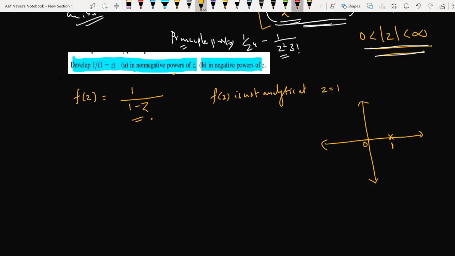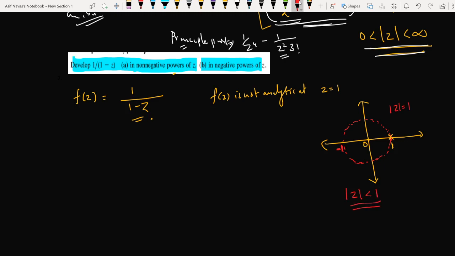Now first I will consider this circle, mod z equal to 1, that means mod z less than 1.